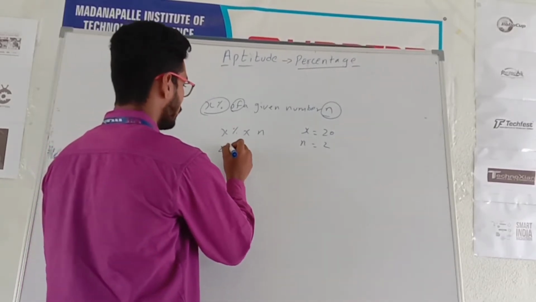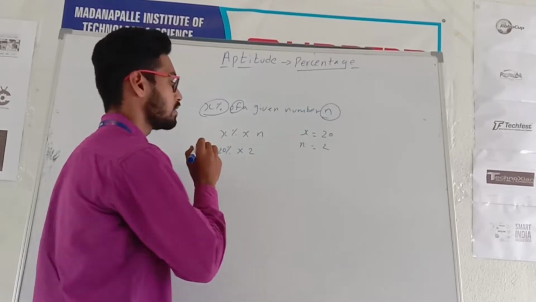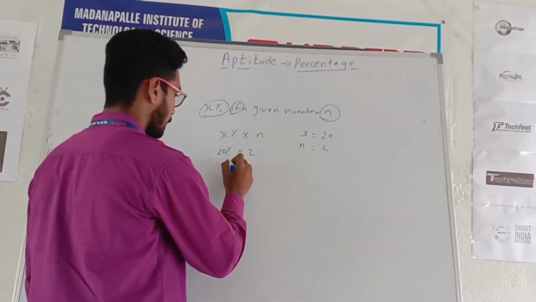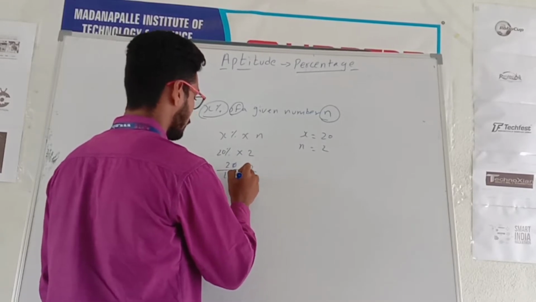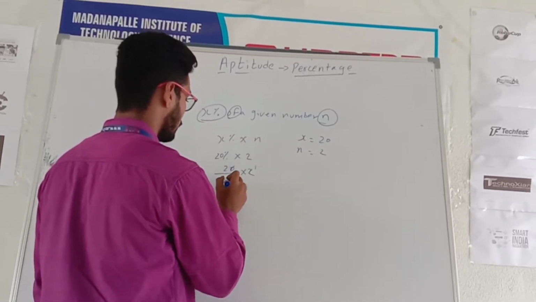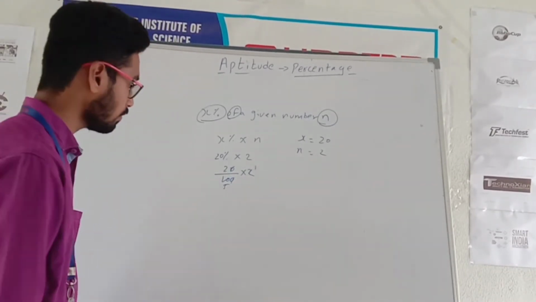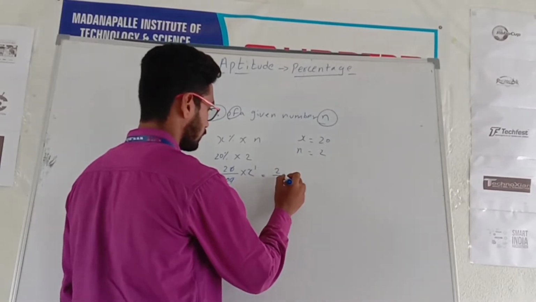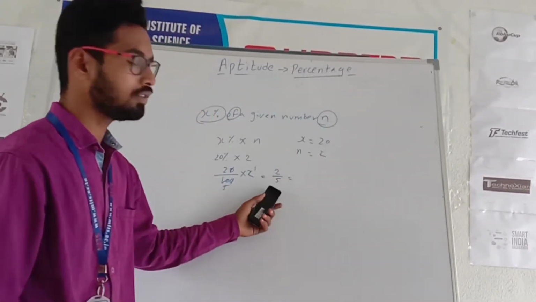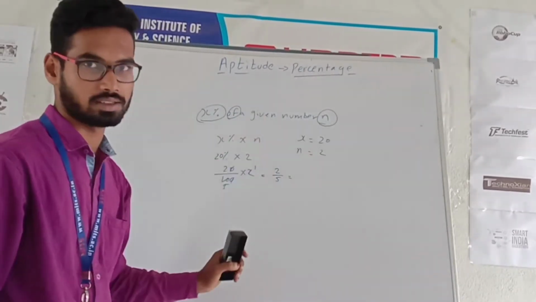So 20 percentage of 2 means 20 by 100 into 2. Cancel all the terms. Here we have got a fraction form, which is not the right answer for this example.